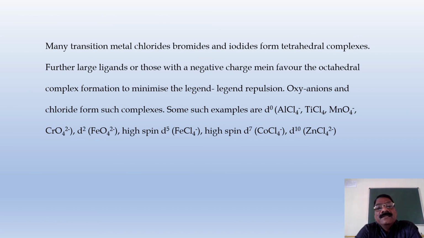Many transition metal chlorides, bromides and iodides form tetrahedral complexes. Further, large ligands or those with a negative charge mainly favor tetrahedral complexes to minimize ligand-ligand repulsion. Oxyanions and chlorides form such complexes.